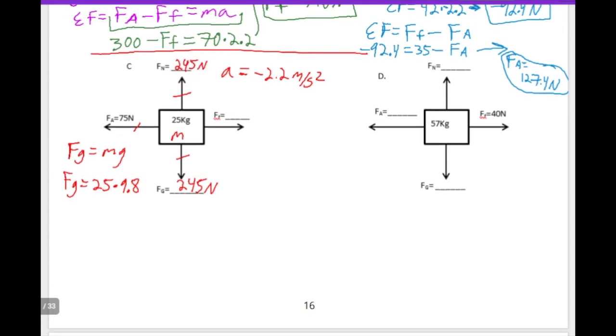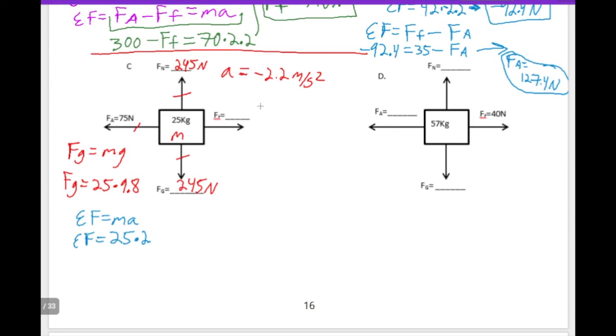Now, let's go ahead and solve for the force friction, but first we need to solve for the net force. We know that net force is equal to mass times acceleration, and we know that the net force in this case is unknown, so we're going to write net force as net force. We know the mass is 25, and we know the acceleration is 2.2. No, we got to double check.